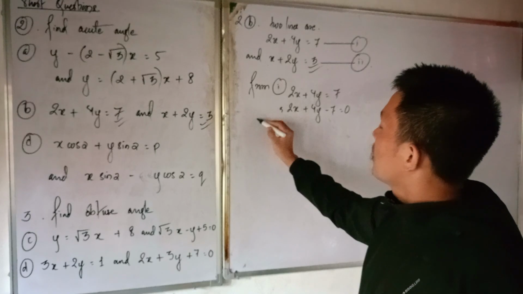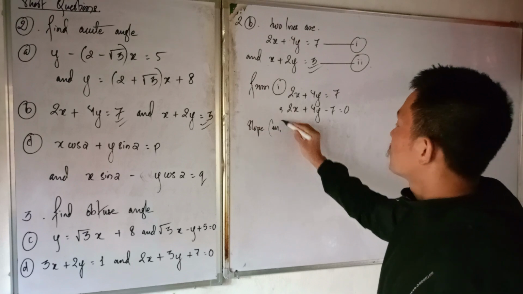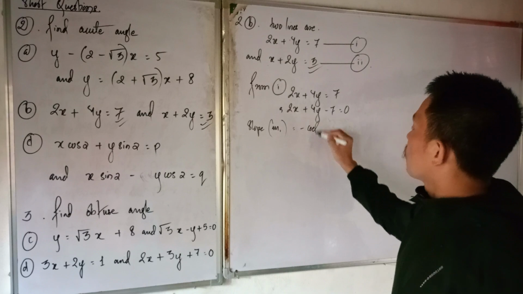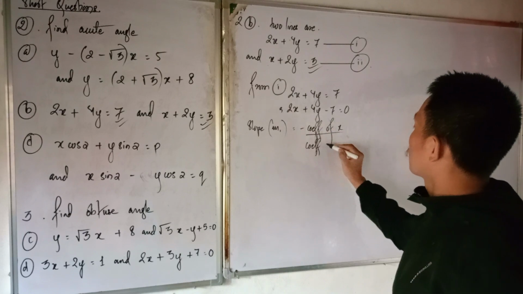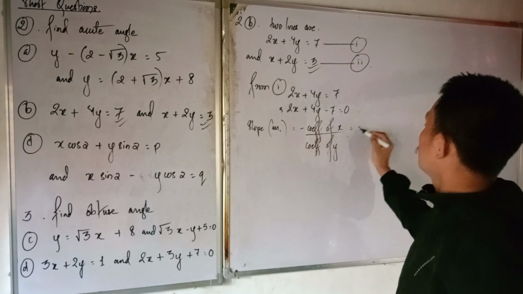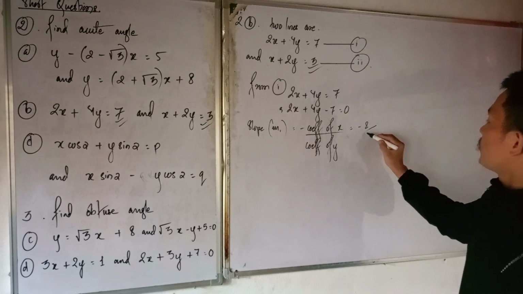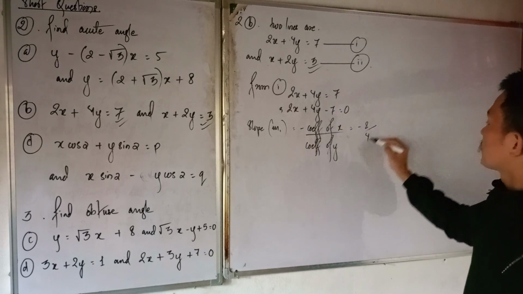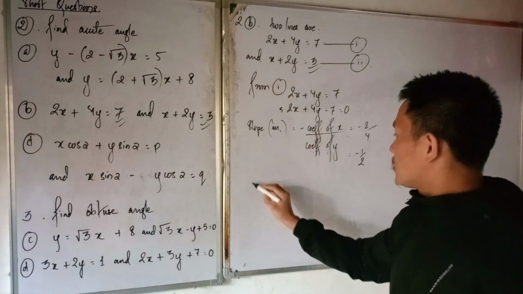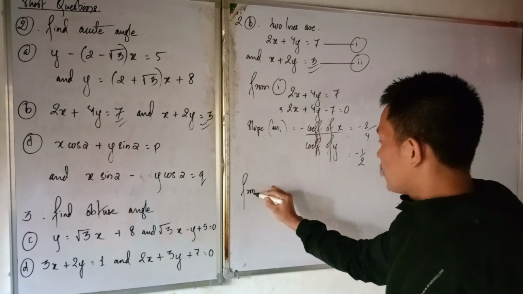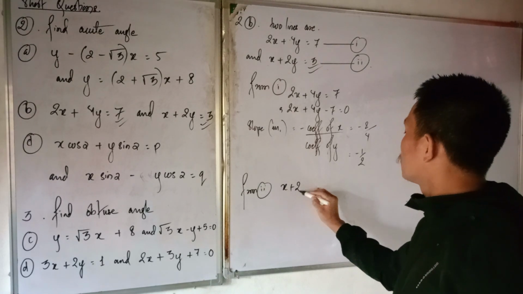So the slope m1 is minus coefficient of x divided by coefficient of y, which is minus 2 over 4, that is minus 1 by 2.